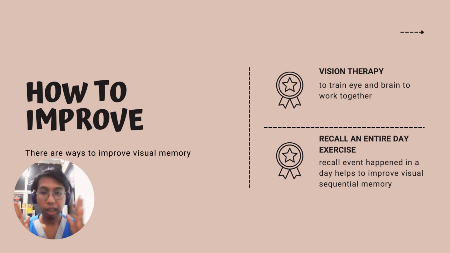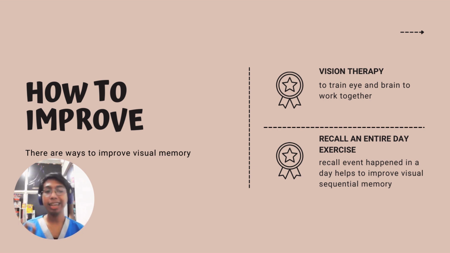If we don't train our eyes, how can we visualize things? How can we see things? Because there are so many things that we want to visualize, we want to see, and then capture the information into our short-term and long-term memory storage. So vision therapy helps a lot in terms of training your eyes, and also in terms of cognitive skills such as to recall, to memorize, and all that stuff.